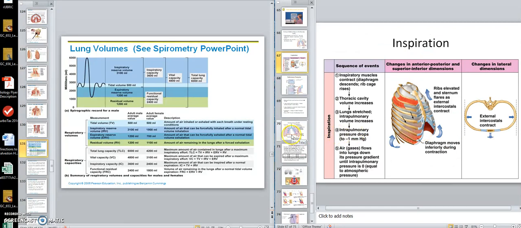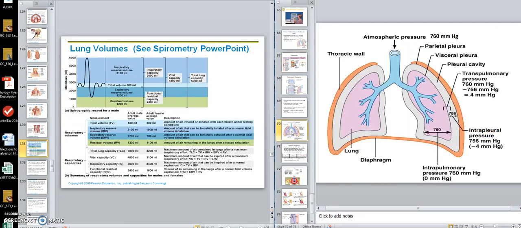But if you want to do hyperpnea, which is deep breathing, then you're going to bring it down further. You're going to expand the external intercostals out further, and you'll start bringing those other muscles in.